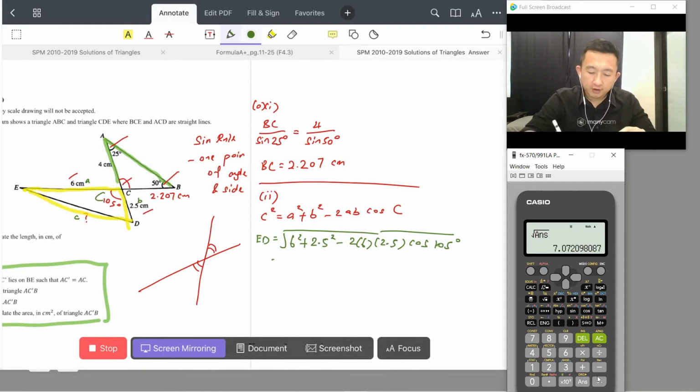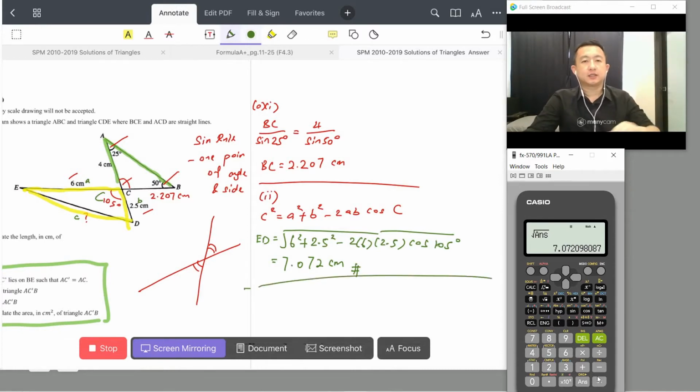You should have 7.072 cm to 4 significant figures. Okay, done. So A1 and A2 are done.